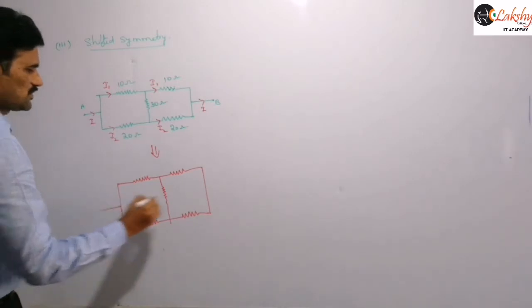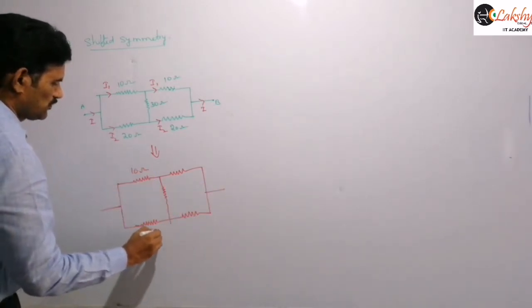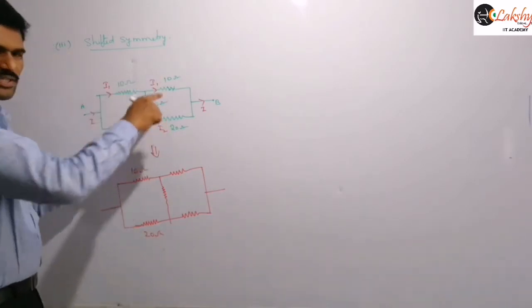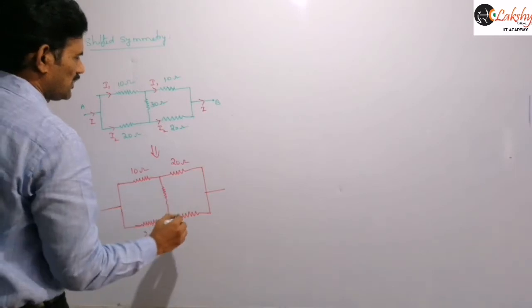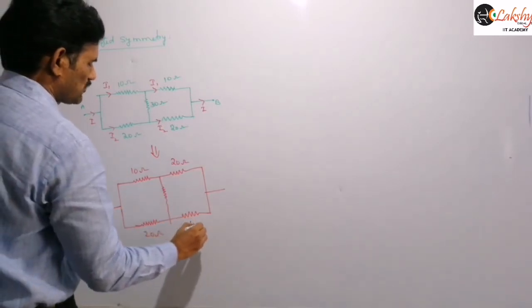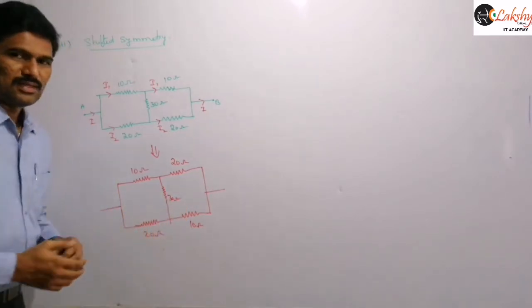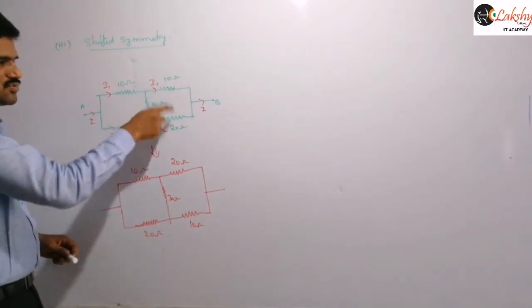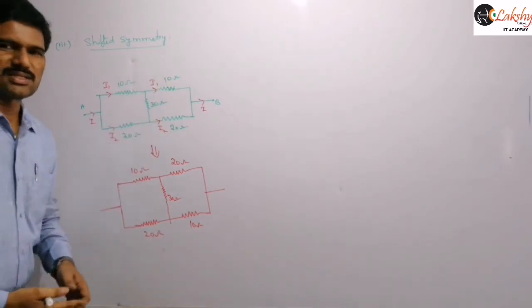Here this is 10 ohms and this is 20 ohms. I am just interchanging these two resistors. I am shifting this 20 ohms to here, and shifting this 10 ohms to here, and this will remain as 30 ohms. So the resulting circuit is like this.